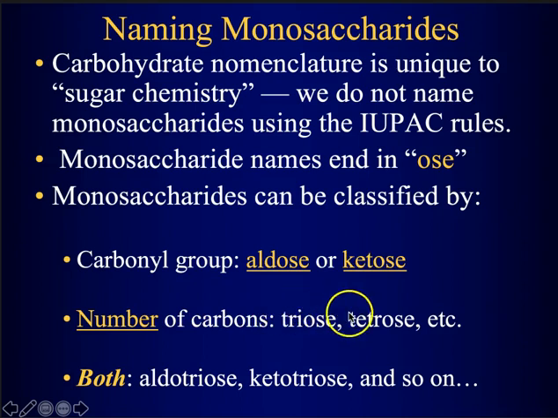So is it tri, tetra, penta, etc. So it's an aldotriose or a ketotriose or so on. We aren't going to name a particular molecule. We're just going to name, does it have an aldehyde or a ketone? How many carbons are in it? That's it.